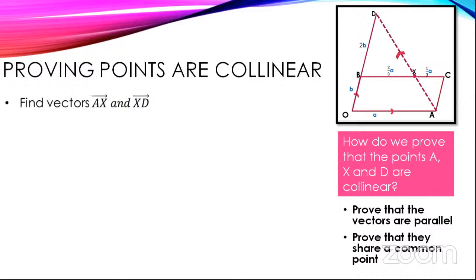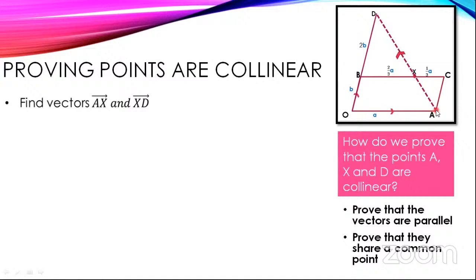So we have the vector AX. Let's see how we can work out AX quickly, and let's look at XD. Can you tell us how we would arrive at AX and XD? All right. So yes, AX, let's go to my spotlight here.